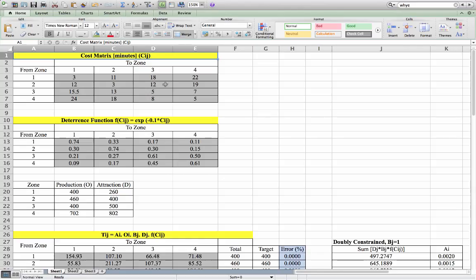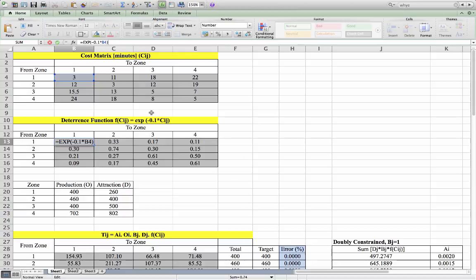So here I have the cost matrix, the travel cost between each origin and destination pair expressed in minutes. Using the deterrence function, the exponential format determined by the problem, I calculate this new deterrence function matrix, where each cell uses the exponential function as expressed by the problem and the assumed beta multiplied by each cell of the cost matrix.